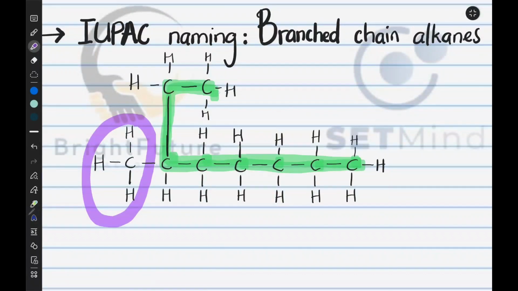So when we find the carbon chain, it has to be continuous, which means if I start from this carbon atom, I have to keep joining all of them until I reach the end, right? As soon as I see something that's deviating from that path, then I know that's my branch or my substituent.